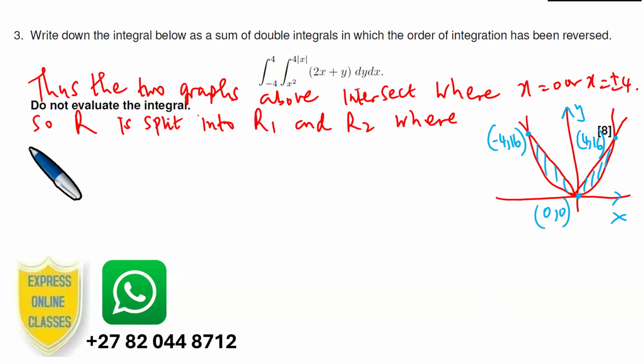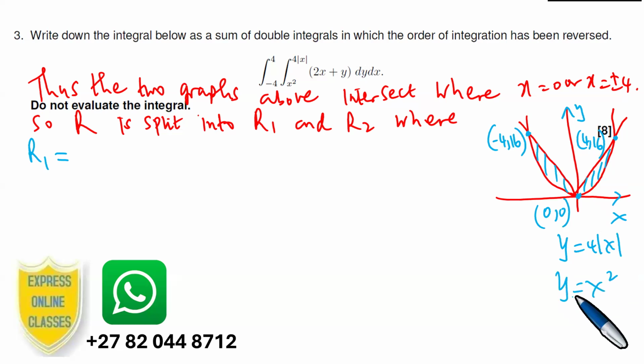Now we'll look at region 1. How did you get the line on your left? This line is the absolute value graph for y equals 4 times the modulus of x. It's straight lines like this, so it forms a V. And obviously we have y equals x squared, which is the parabola.